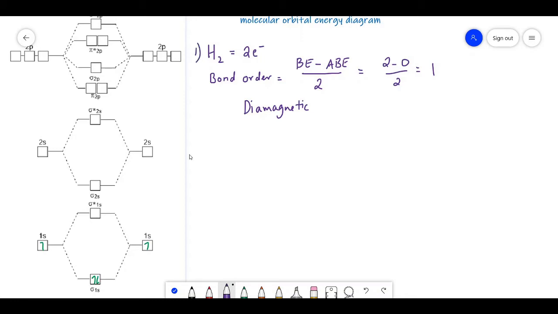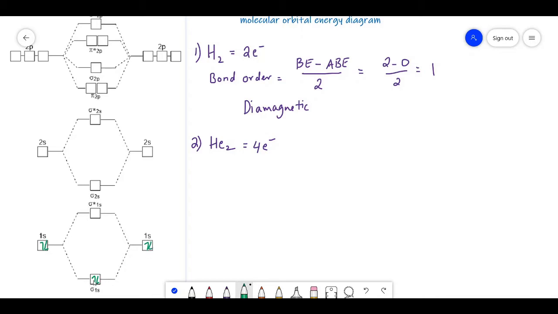In the same way, suppose one more example is given. Let us take He2. Each helium has 2 electrons, so in total there are 4 electrons. Let us fill the 4 electrons. This is one helium with 2 electrons and this is the second helium with 2 electrons.